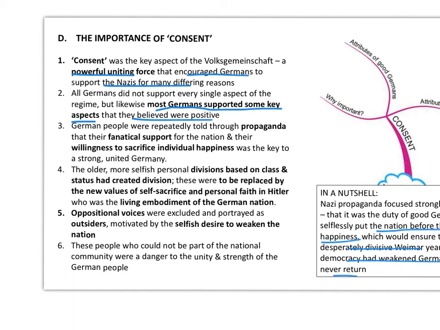Okay. German people were repeatedly told through propaganda that their fanatical support for the nation and their willingness to sacrifice individual happiness was the key to a strong, united Germany. So the point we're making here is this idea of consent and a people's community was a focal point of propaganda messages.